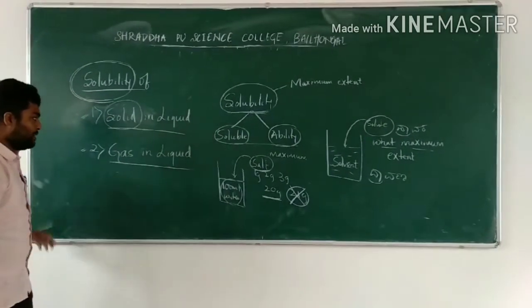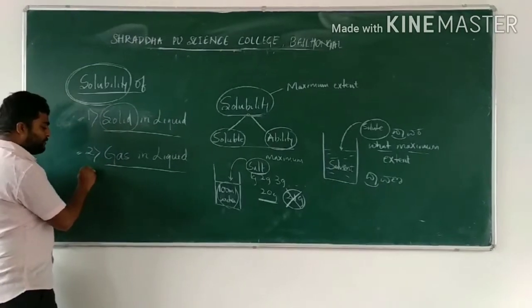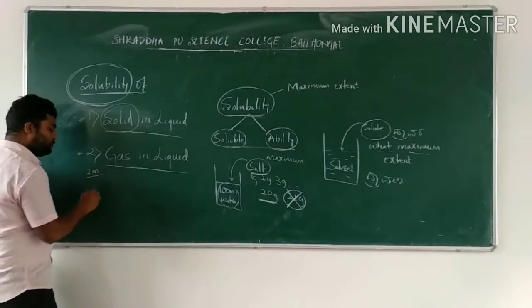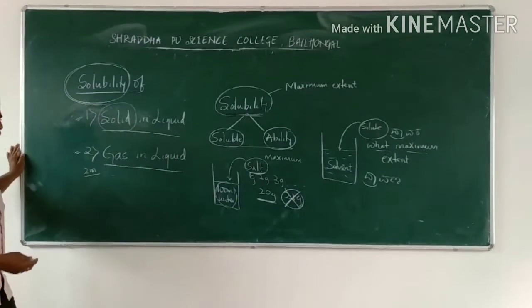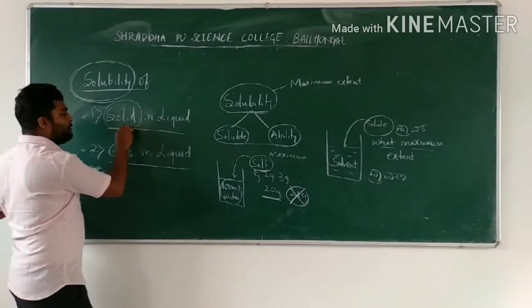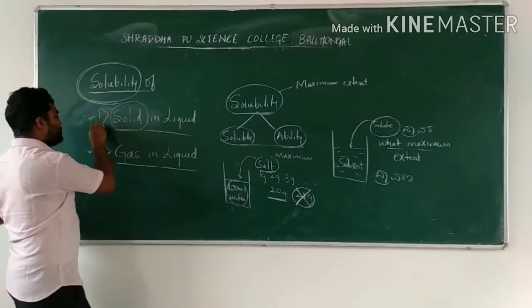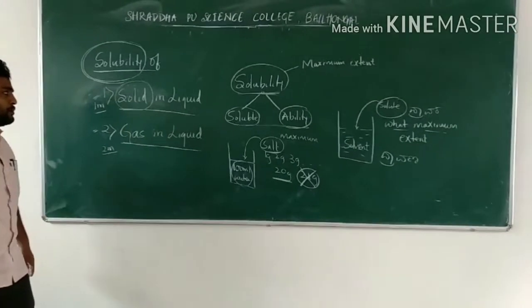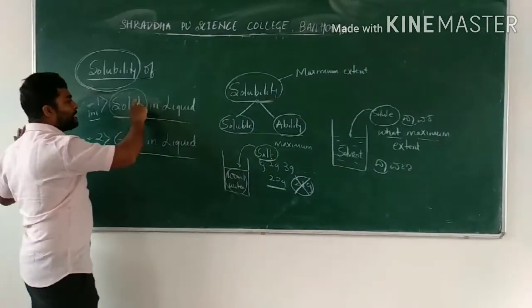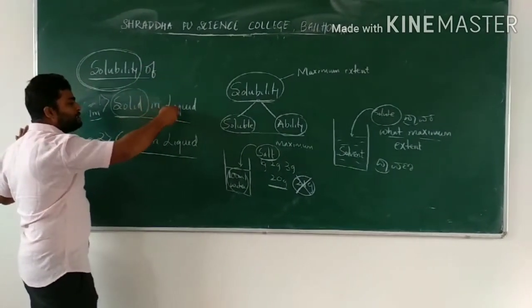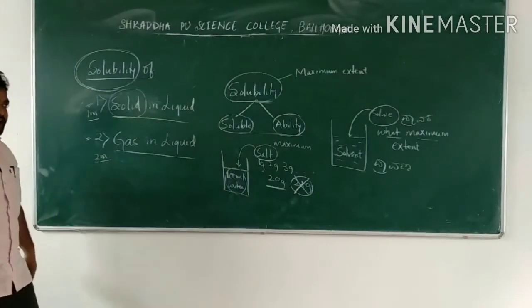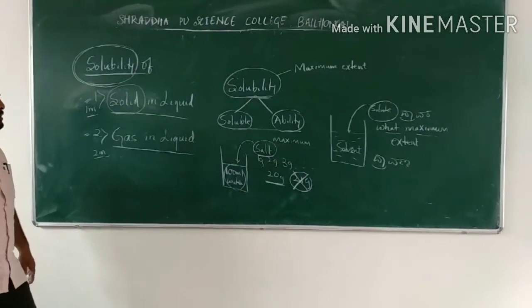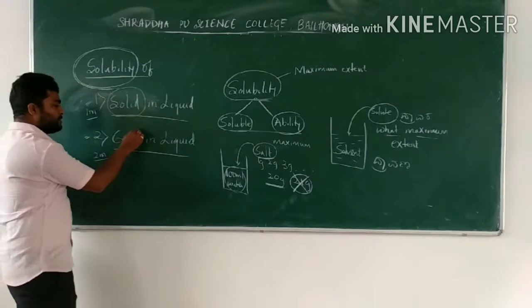In this gas in a liquid, you will be having two mark important questions which we will be discussing tomorrow. And here you will be having a 1 mark important question. That means what exactly happens when a solid is dissolved in a liquid? That we are going to discuss.